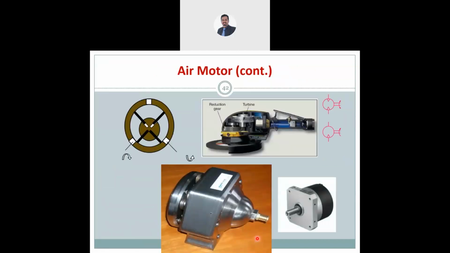So these are examples of air motors that you can see in the workshops. Okay, this one you connect to the compressor and you'll have a reduction gear and everything and the motor will move. It's the same here.